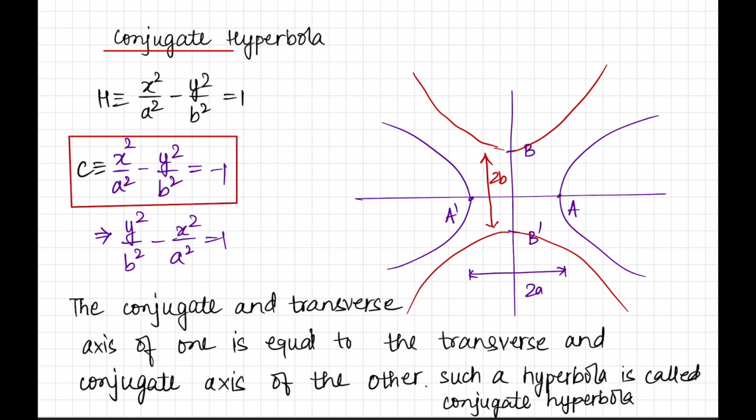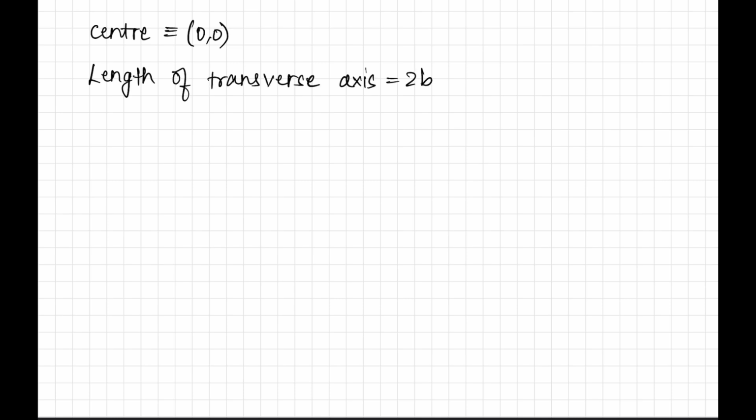Now, if we want to discuss in detail the properties of the conjugate hyperbola, let us talk about the center of the conjugate hyperbola. It is the same as the center of the original hyperbola, that is 0, 0. The length of the transverse axis is equal to 2b. The length of the conjugate axis is equal to 2a.